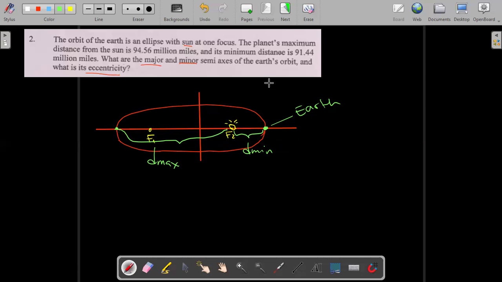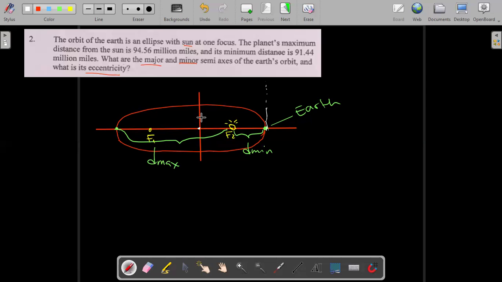Now, let me do a dotted line here where my Earth is. Here is the origin, which is 0, 0.